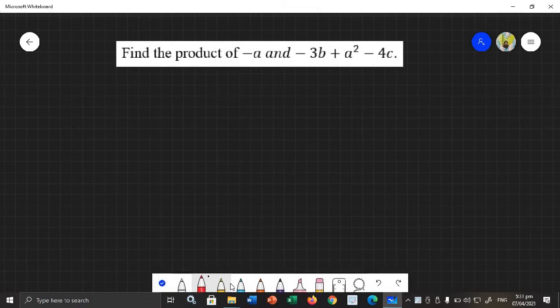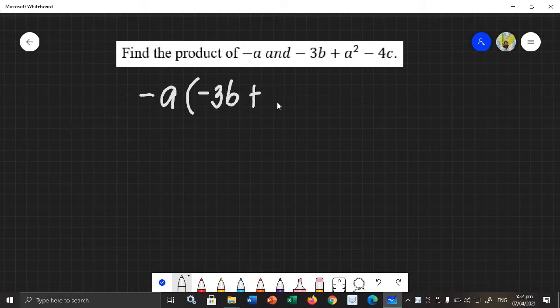Next, we have our third example. So we will be finding the product of negative a and negative 3b plus a squared minus 4c. Okay, so first, arrange ulit natin using a parenthesis. So, si negative a, kahit hindi na natin siya lagyan ng parenthesis, yung trinomial na lang, yung lagyan natin ng parenthesis. So, negative 3b plus a squared minus 4c.